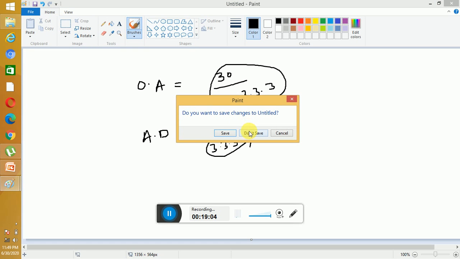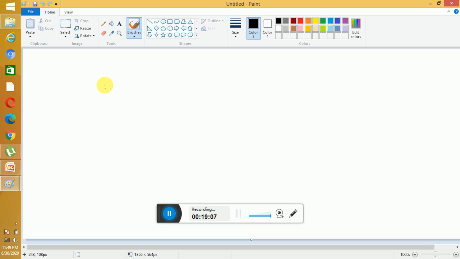So see, in ordinary annuity, the future value of annuity formula will be R times 1 plus I raised to the power n minus 1, and the whole will be divided by I. This is the future value of annuity.